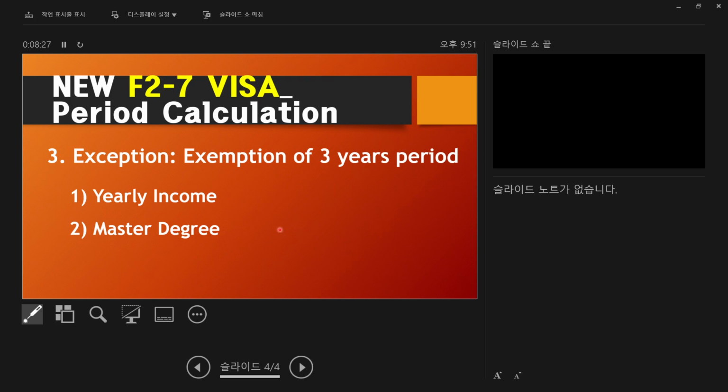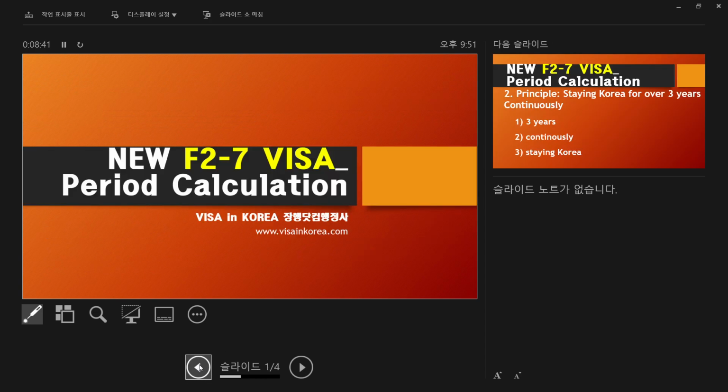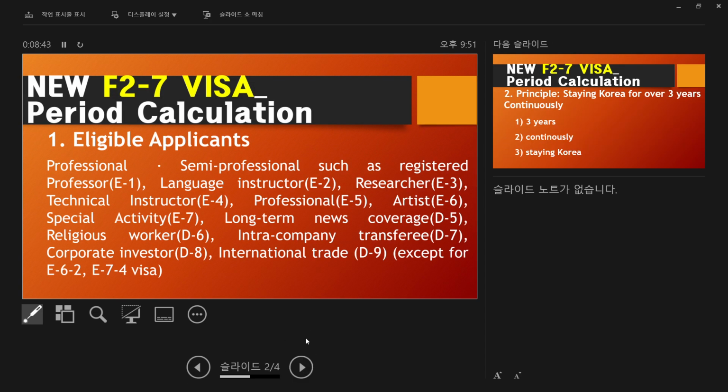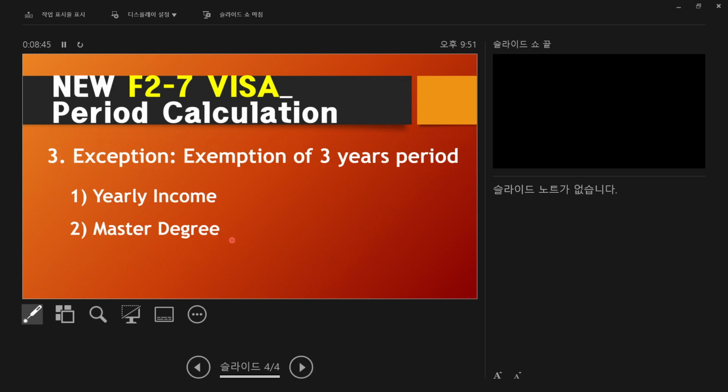So how to meet 3 years? For example, you came to Korea with a D2-2, which is a bachelor's course, and after that you change to D2-3 and complete your master's degree. And if you have one of these visas with a master's degree, you meet the 3 years with a D2 visa.